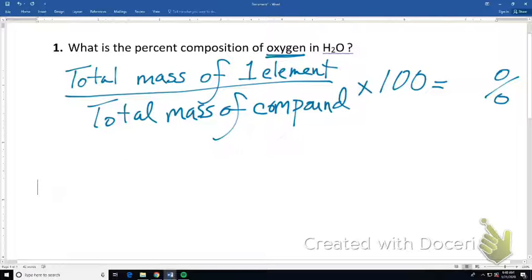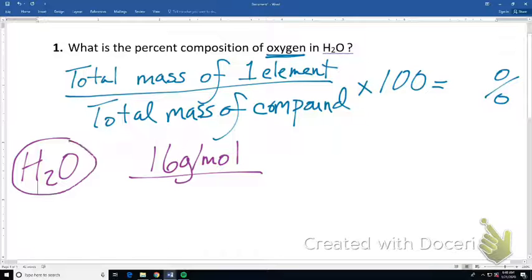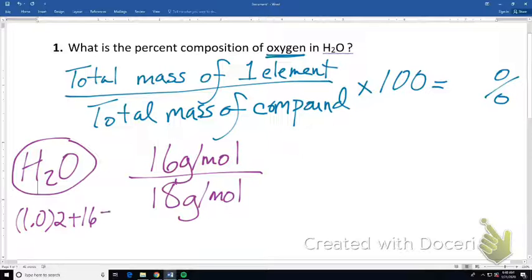Okay, so in water, the total mass of oxygen is 16 grams per mole. While water's entire molar mass, by adding everything together, is 18 grams per mole. And again, I did that by hydrogen is 1 times 2 plus 16.